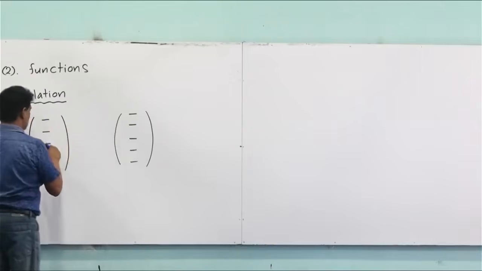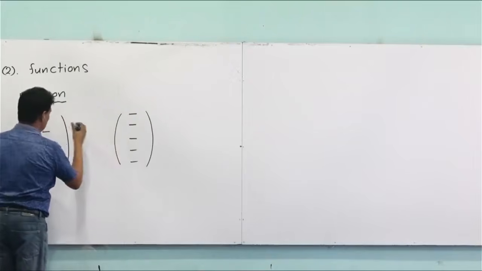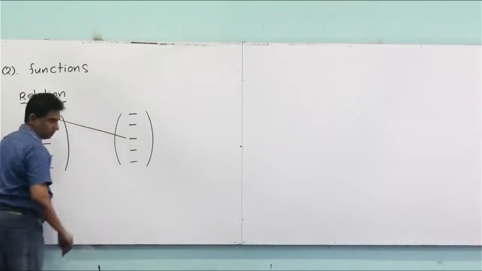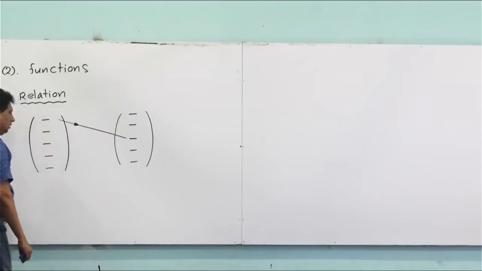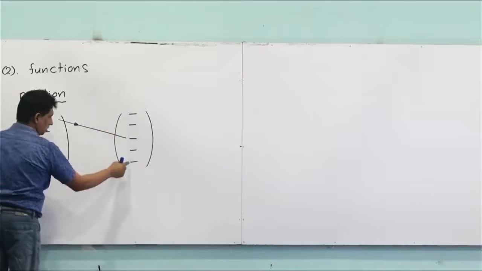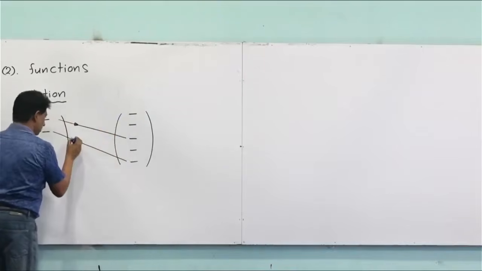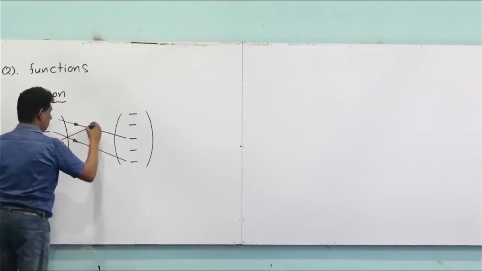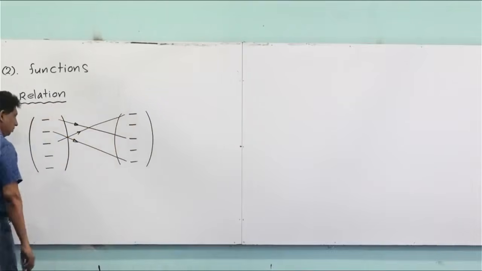If this element is connected with this one, we put an arrow from this element to this element, then put an arrowhead. If this element is connected with this element, we draw a straight line and put an arrow mark, like that.